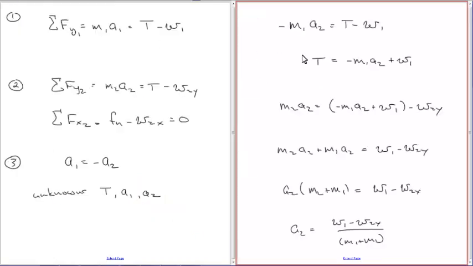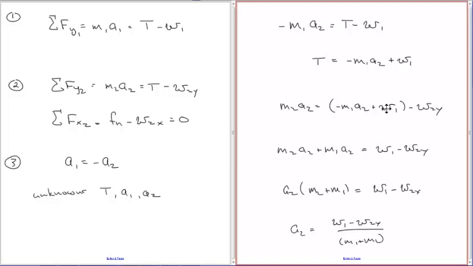So what we're going to do is we're going to do two cases of substitution. For A1, we can substitute it in here. For A1, we put in negative A2. We solve for T. So T is equal to this minus that, which becomes positive W1. And then we substitute here into this third equation for T. So for T, we put in this.